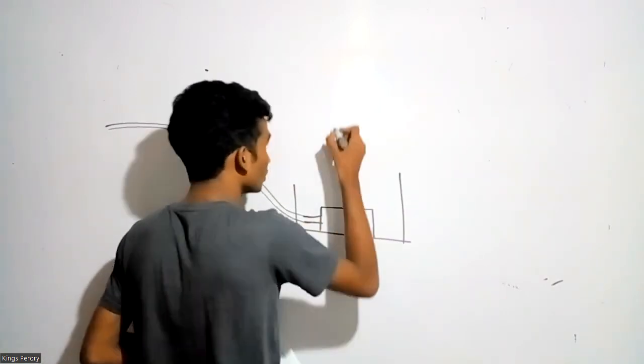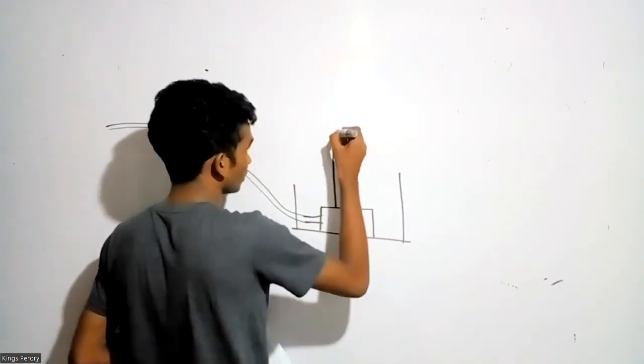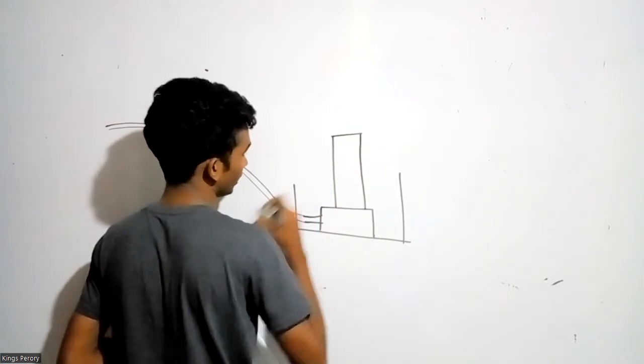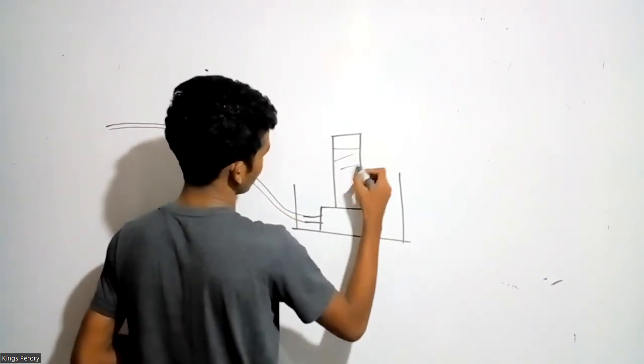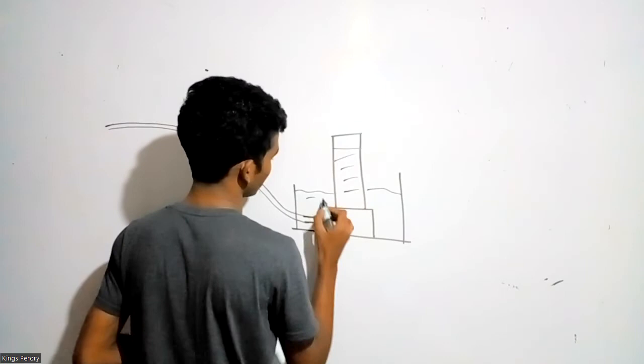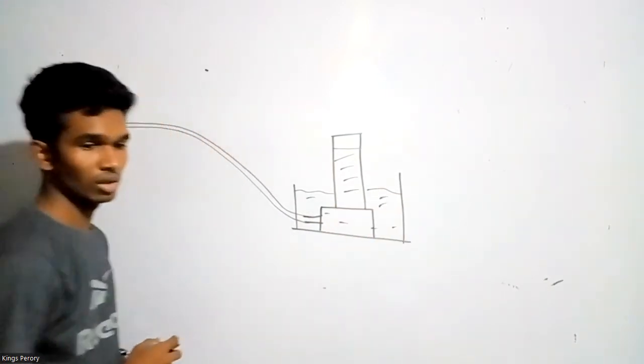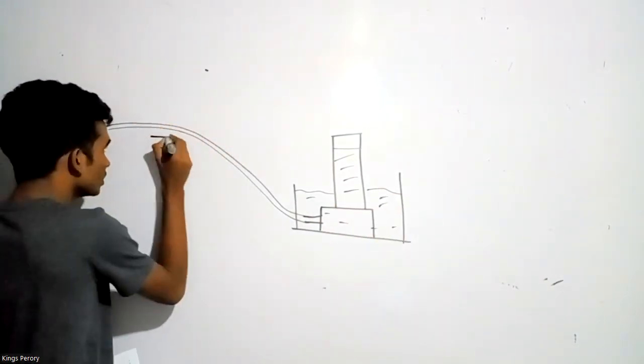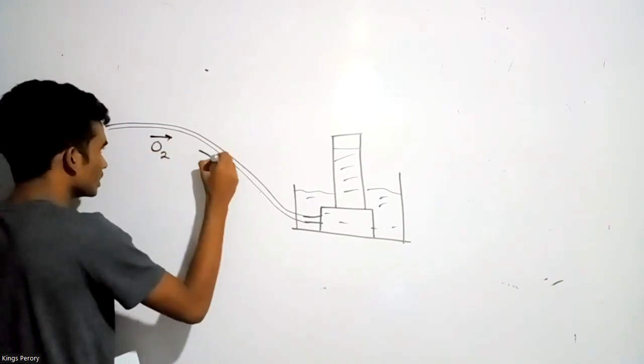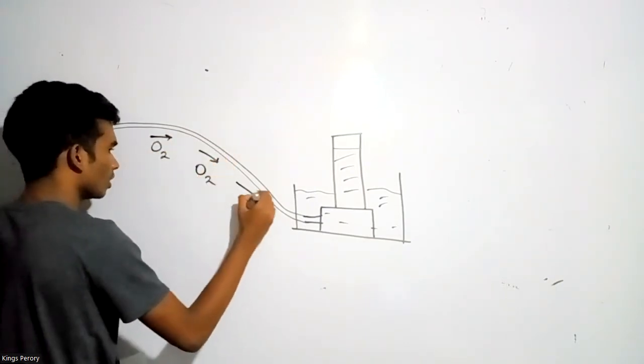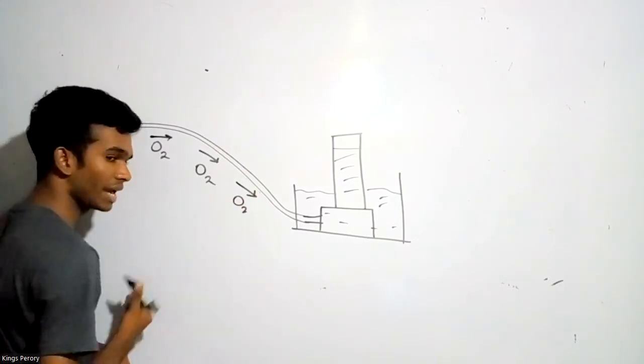In that you have placed water. So this is water. Now we are going to send oxygen through this. On the right, oxygen is coming. Remember, oxygen is a gas.